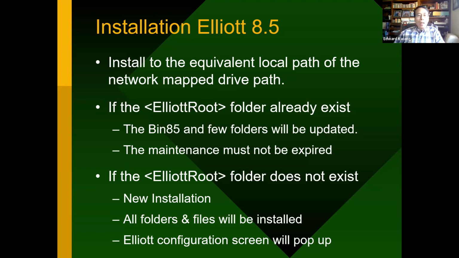Suppose your Elliott directory doesn't even exist; in that situation, we say this is a new installation, and basically all the Elliott folders and files will be installed. After the installation, the Elliott configuration utility will show up and ask you to set it up. Today our demo is actually for a new installation.